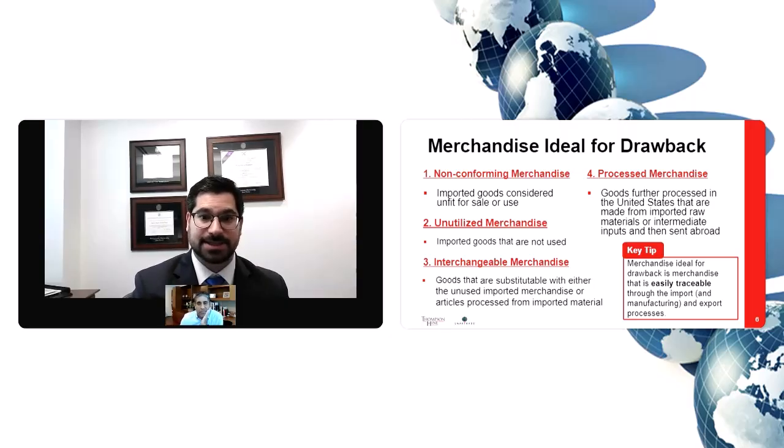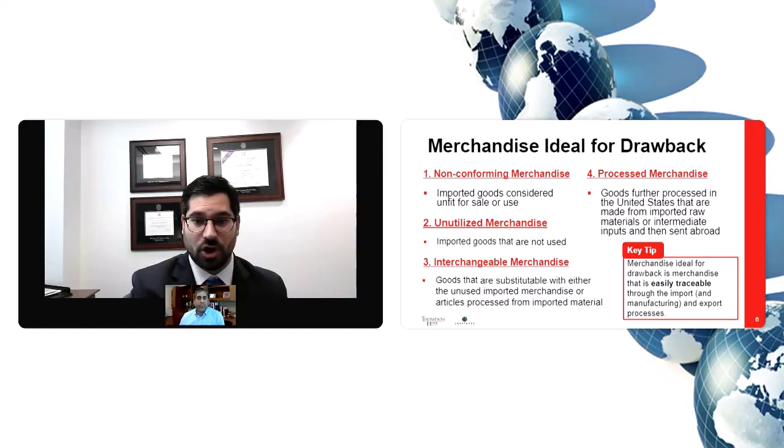And that's key. As we'll see later in the presentation, to be eligible for drawback and to ultimately secure drawback, it is a document-intensive process. So when you are filing a claim for drawback, you need to have a significant number of documents that really substantiate your claim.